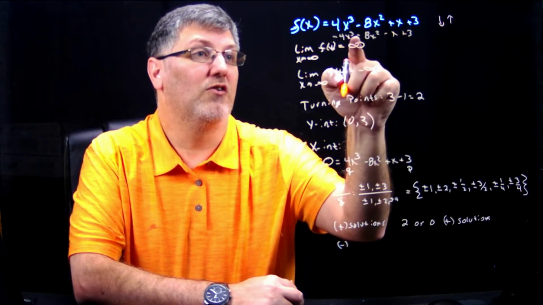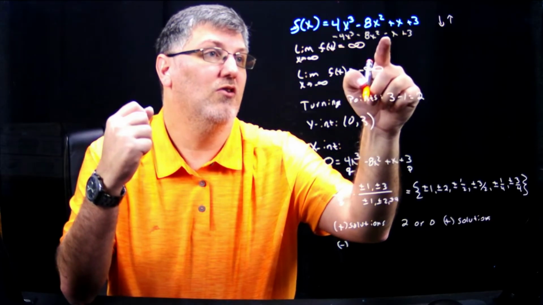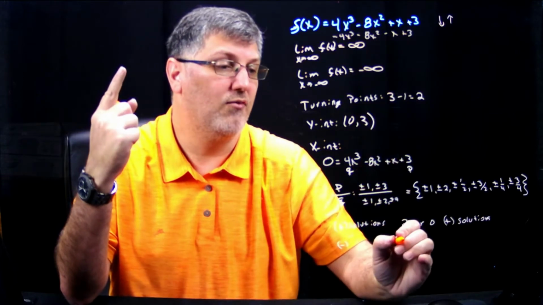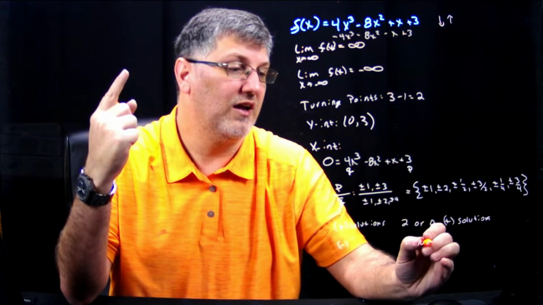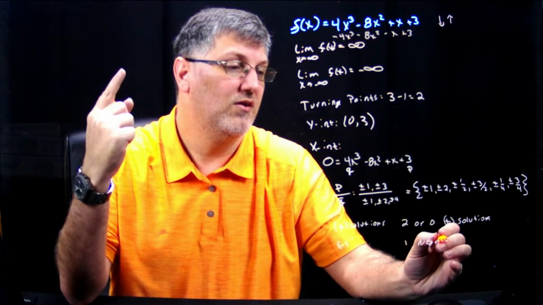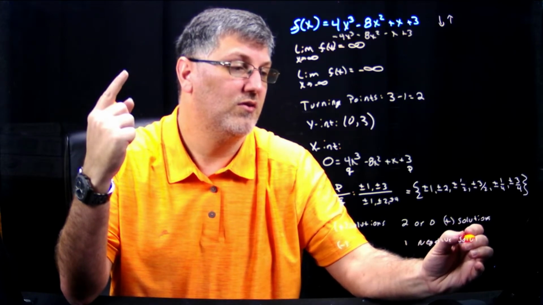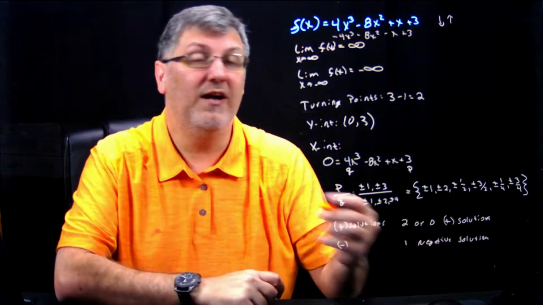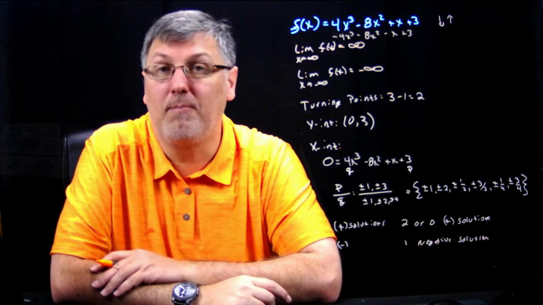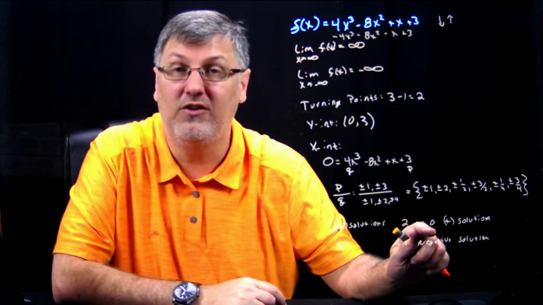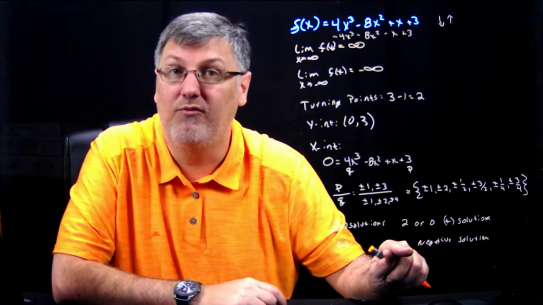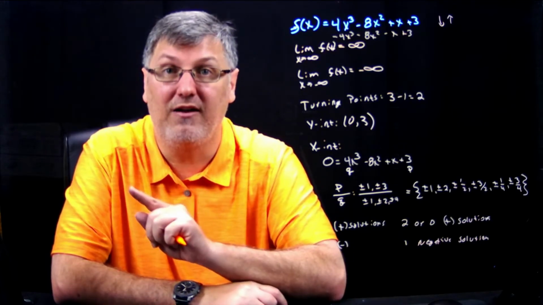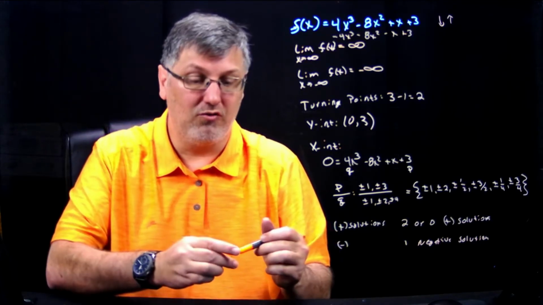So now I look: I have no change there, no change here, and 1 change. So I have 1 negative solution. All right. So from here, I wouldn't start with my positives because I may have 0 positives. But I'm guaranteed to have 1 negative, so I'm going to do all my negatives. And from that, I'm going to use the remainder theorem.